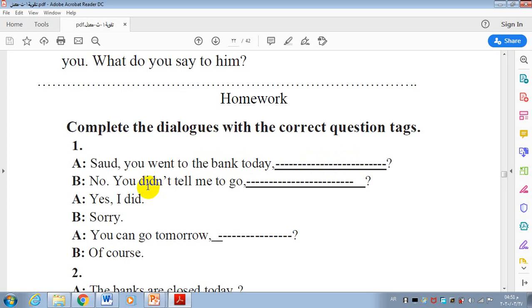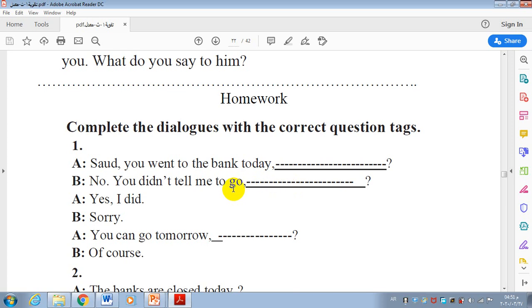And if the main sentence is negative, like you see in this sentence, the question tag must be affirmative.